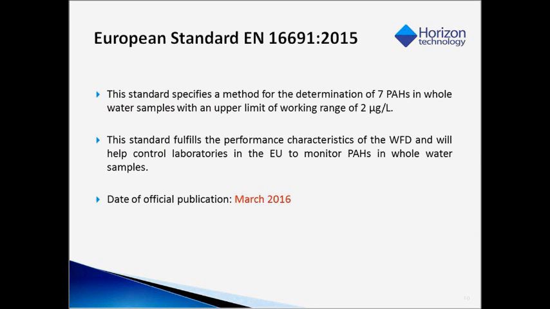The European Standard 16691:2015 specifies the method for the determination of those 7 PAH, and it works with an upper limit range of 2 ppb, which is also 2 micrograms per liter. And this is valid for drinking water, underground water, river and lake water.